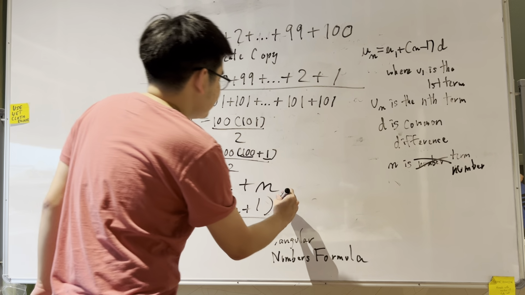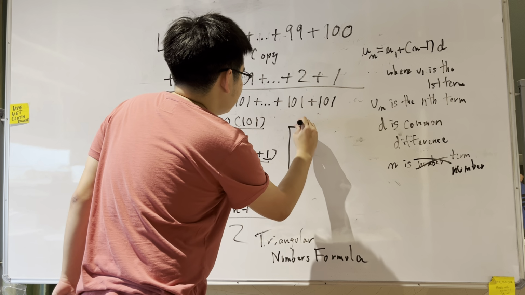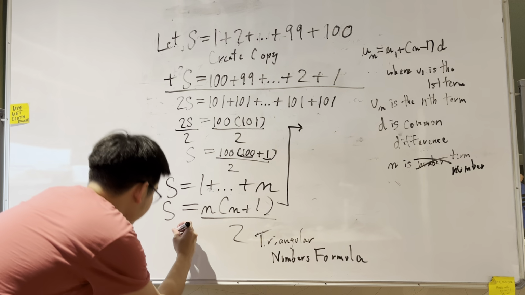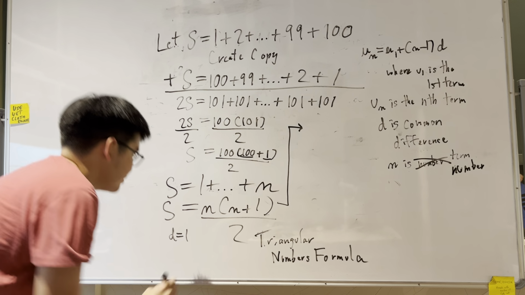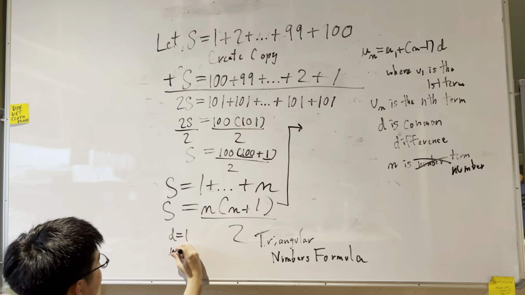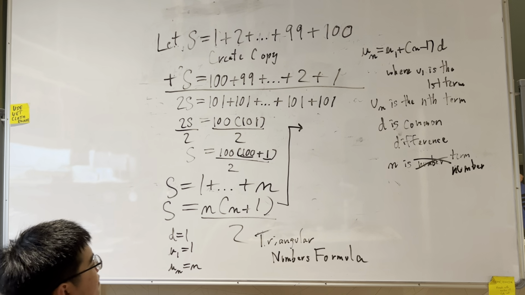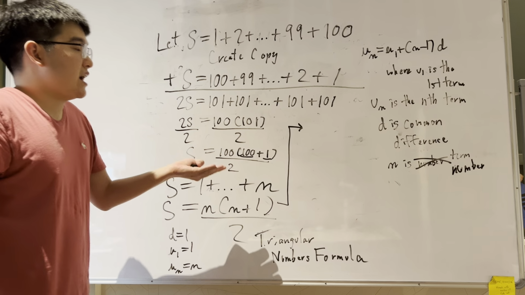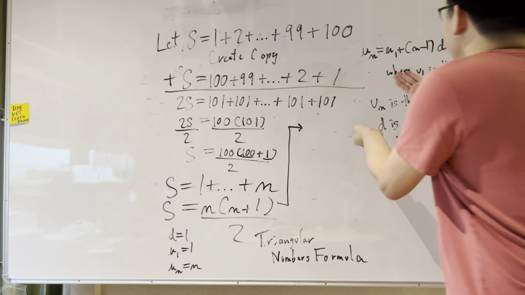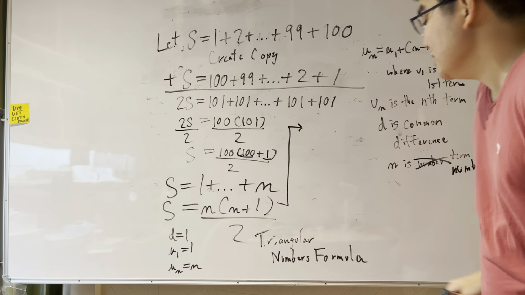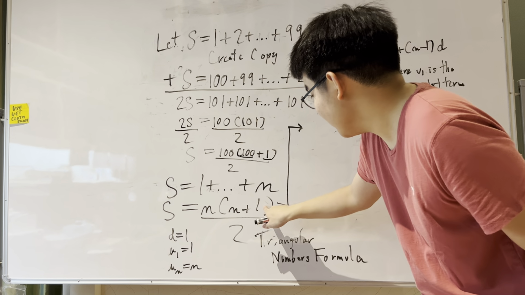But the thing is, we can generalize this even further, because this is a sequence with a common difference of 1. This is for d equals 1. And we start with u1 equals 1, and un equals n. But who says we can't do this for a more general u1, d, and un in general? So generalize.